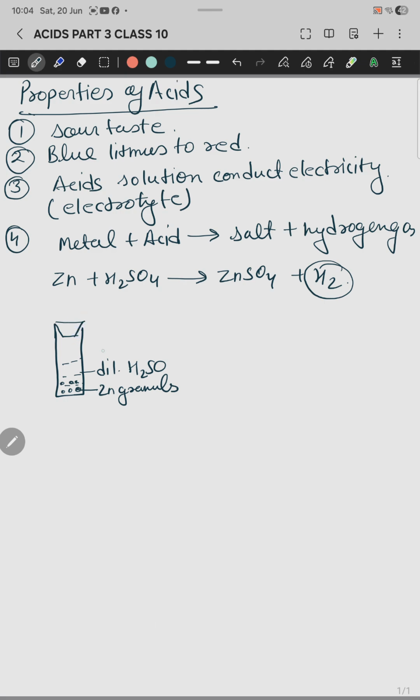My drawing is not so good, but I hope you understand, I just give you an idea of what is going on. When the reaction proceeds, the hydrogen gas will be released, and it will come out from this capillary tube, or you can say glass delivery tube.